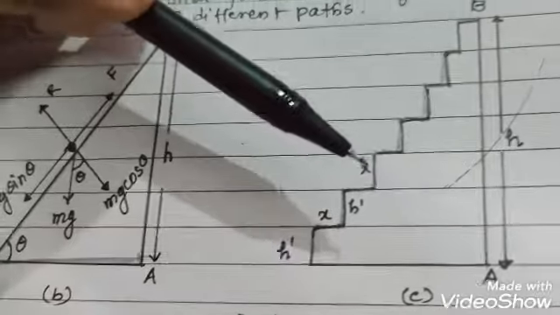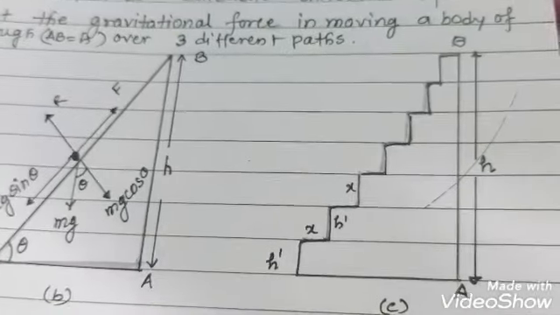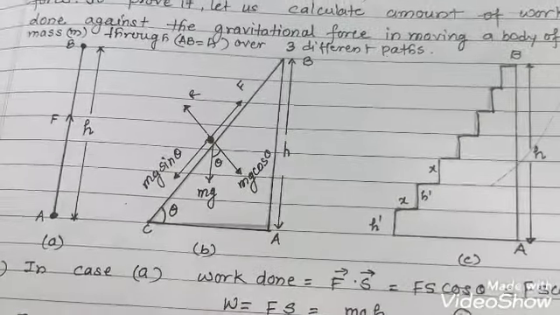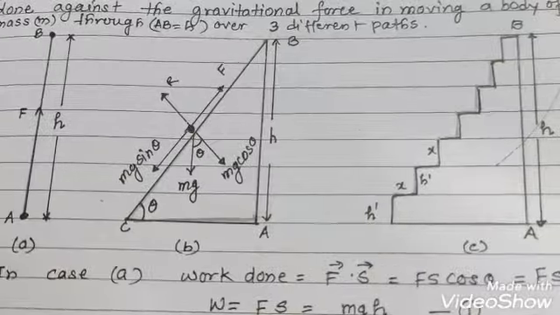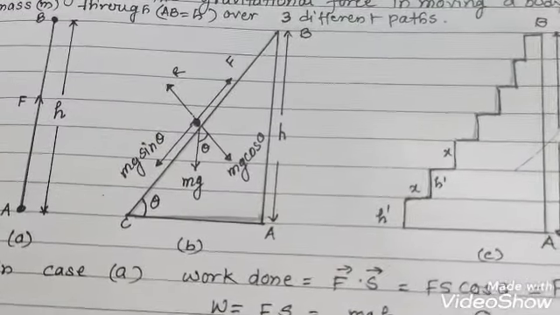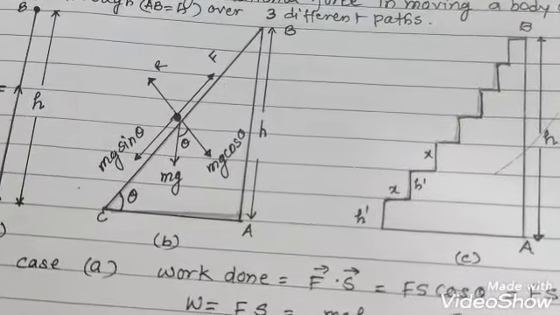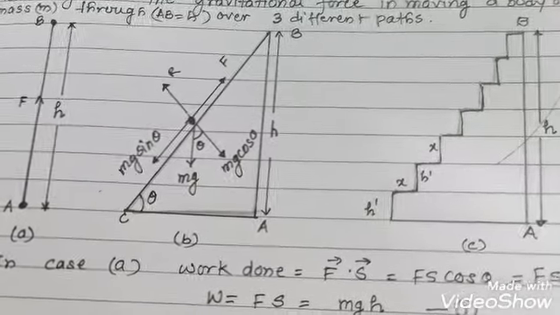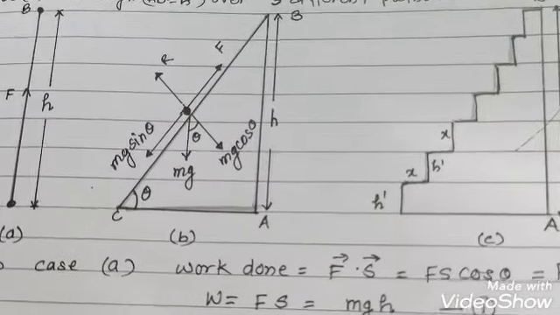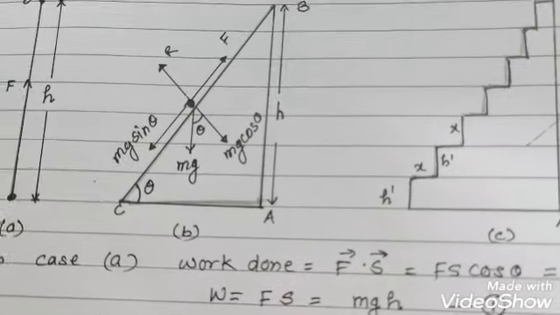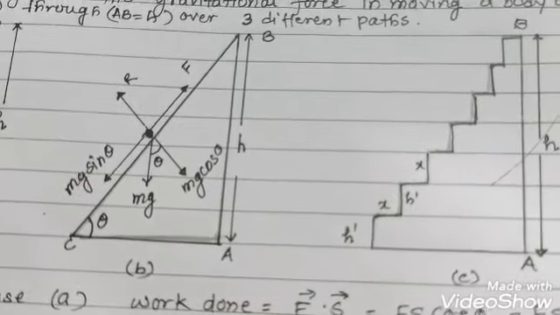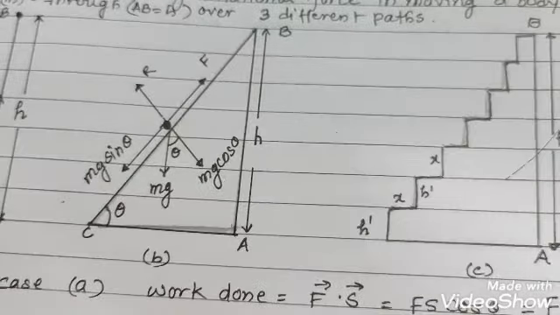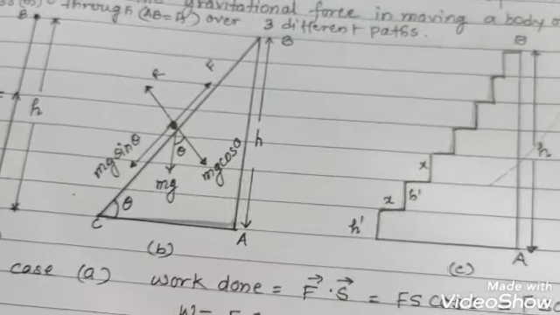In all three cases we find the work done by the friction force is different, so we can conclude that the force of friction is a non-conservative force. As more examples, the viscous force is also a type of friction force between the layers of a fluid, that is, between layers of air or any liquid.